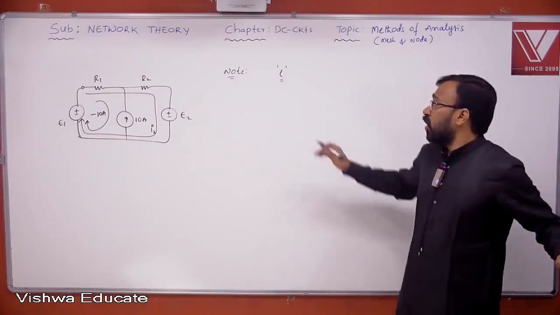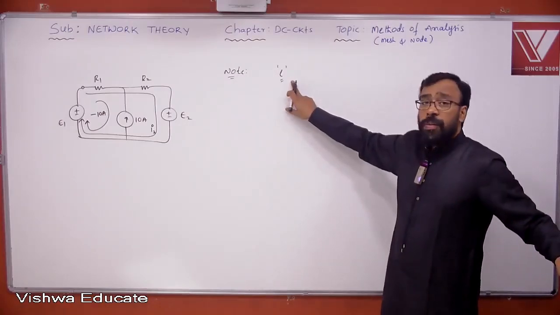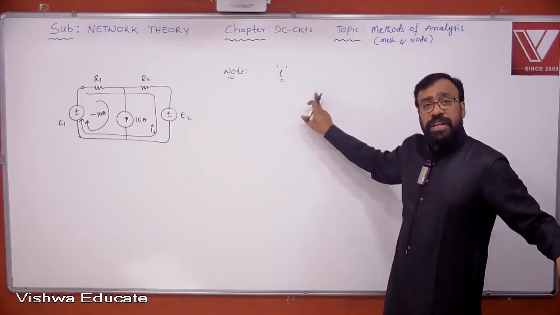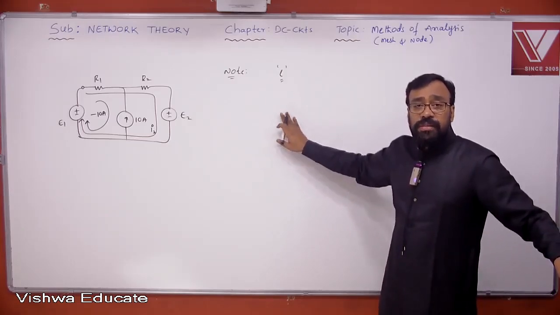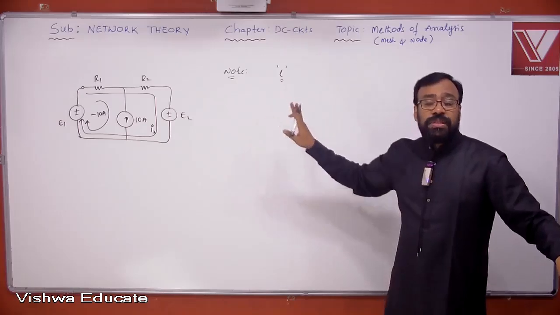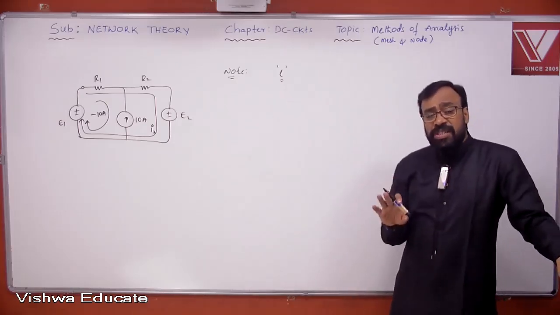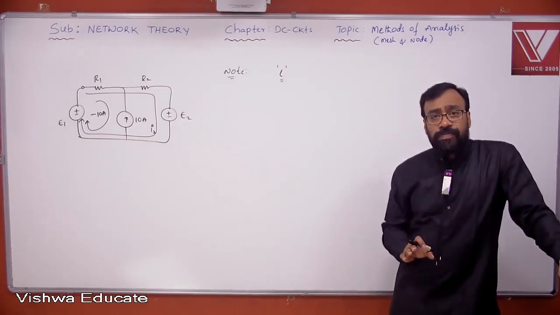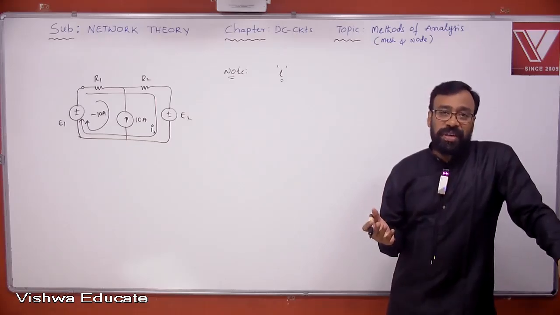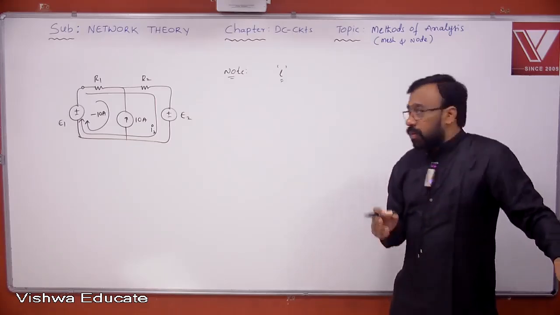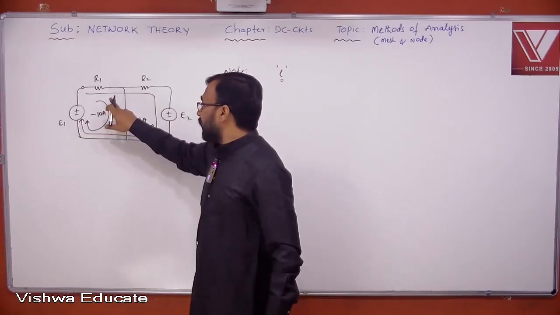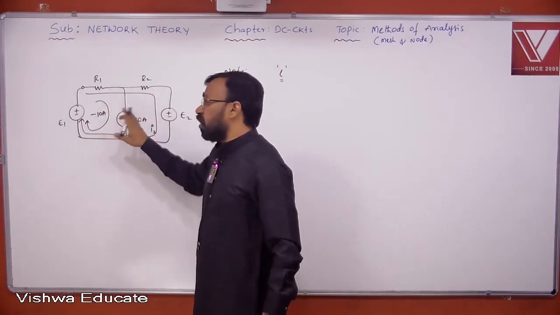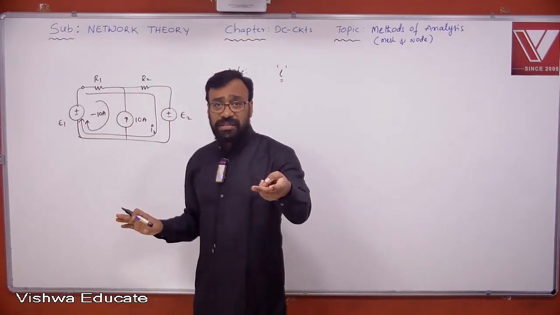That means there are two fundamental loops, but one equation is enough to solve it. So that's why I told you that if there are L number of loops, the minimum number of equations required is L. But this condition fails when there are some ideal sources. In the case of an ideal source problem or network, who will decide the minimum number of equations? Tell me. If I select I1, I2 like this, I got two equations, super mesh analysis.